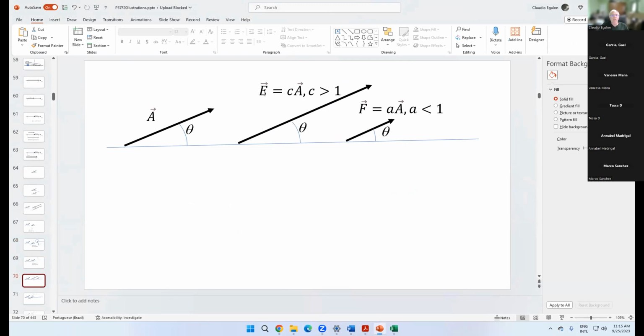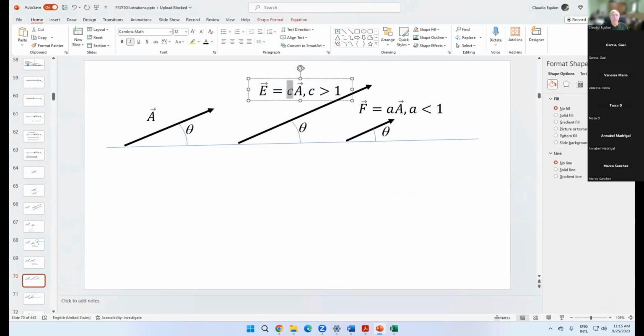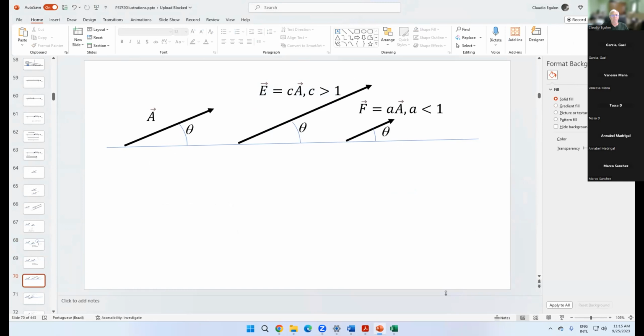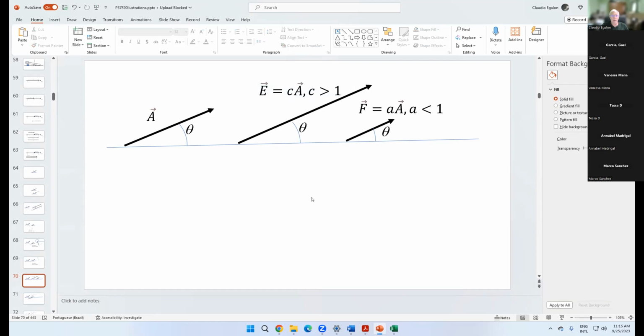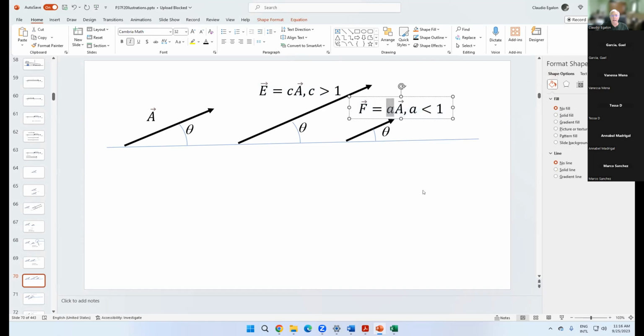You know, vectors can be multiplied and divided by scalars. Okay, let's say this scalar C here is a number that's greater than 1. So it means that the length of E is going to be greater than the length of A, right? And similarly, let's say A here is less than 1.